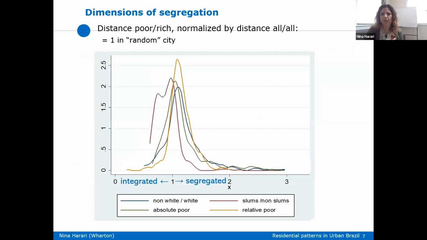Now, turning to distance, here I want to show you the distribution for my distance segregation index. This is the simplest version of the index, meaning that it captures the average distance between poor and rich neighborhoods, and I'm normalizing it by the average distance between any two neighborhoods in the city.